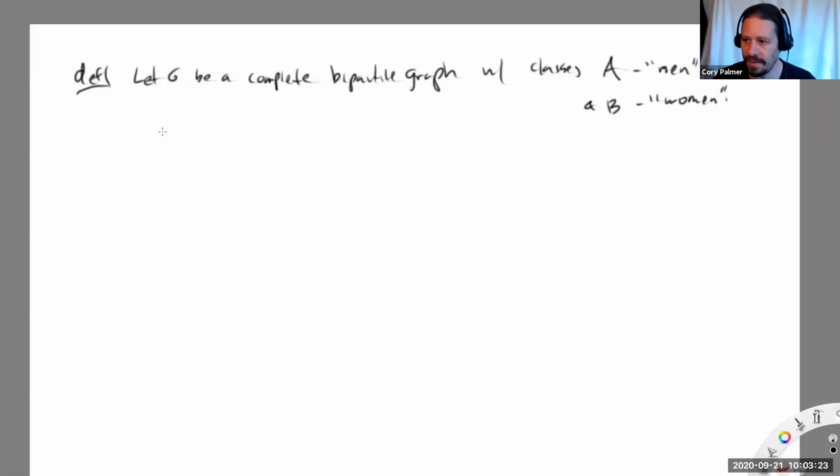Okay. All right, so we've got that bipartite graph. We got the men and the women, and then each man and each woman has a ranked list of the people in the opposite class there. Okay, so like the people they most prefer in a relationship or in a marriage.